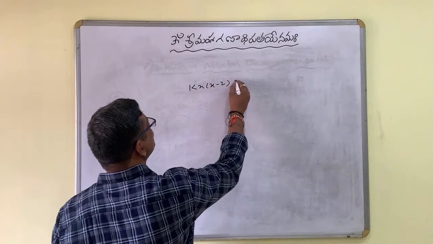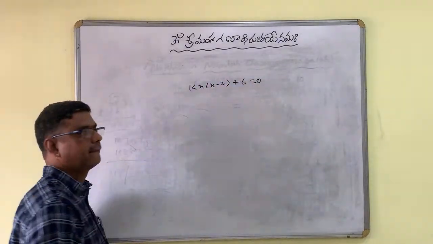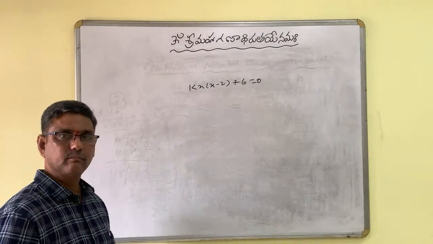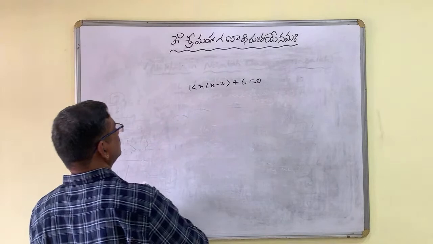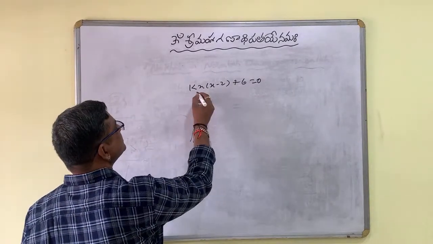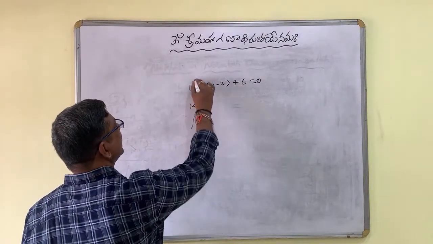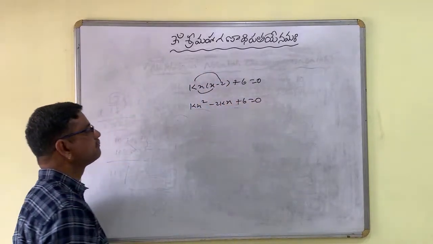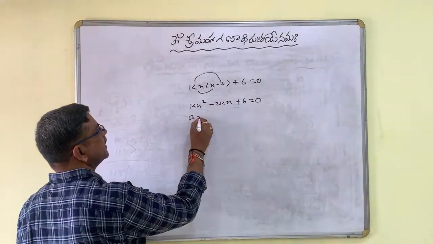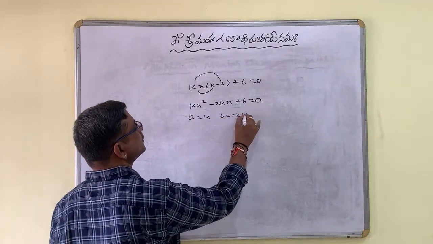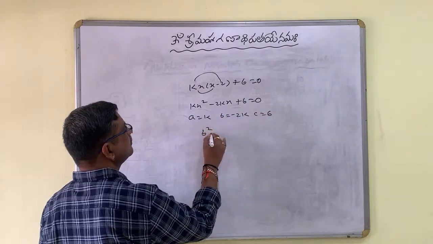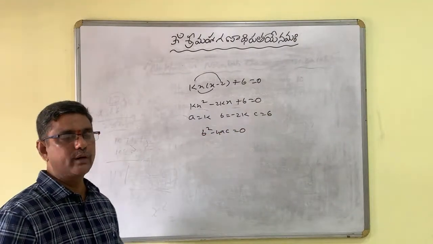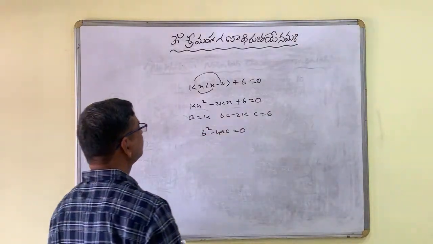kx into x minus 2 plus 6 is equal to 0. This equation is also having real and equal roots. So, first simplify this. kx square minus 2kx plus 6 is equal to 0. a is k, b is minus 2k, c is 6. b square minus 4ac is equal to 0.